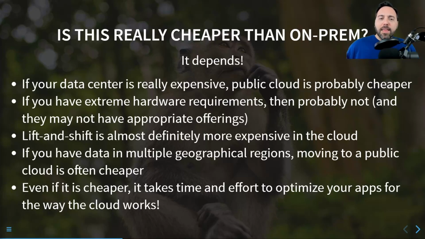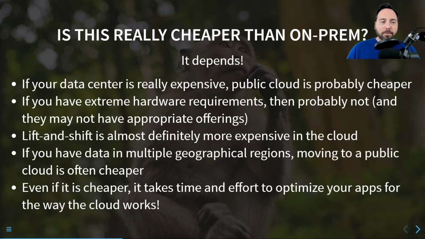So, all right. If your data center is really expensive, the public cloud may be cheaper. If we're talking about a data center that is, they'd have to be really expensive, but there are examples of this. If you have some extreme hardware requirements, no, you probably are not going to save money in the cloud, and they may not even have the appropriate offering.